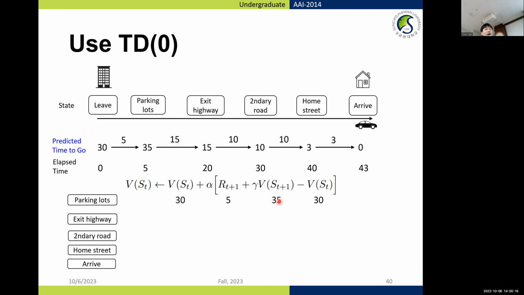Then 5 plus 35 minus the previous state, which is 30, is the TD error. Then we add that to the previous state, and what we got is 40.